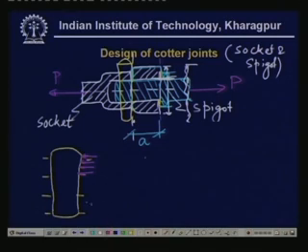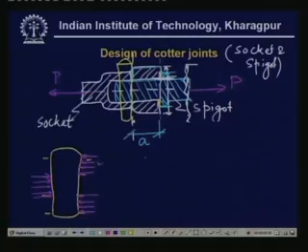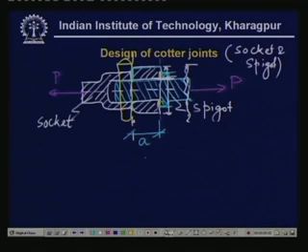Here we have compressive stress on this side, here from this side, and then again here from that side. Then what is the distribution? The distribution is a priori not known, we have to make some guess. In most design handbooks, the normal distribution taken is triangular over this surface and rectangular over that surface. If you draw the free body diagram with that assumption, then it looks like the following.